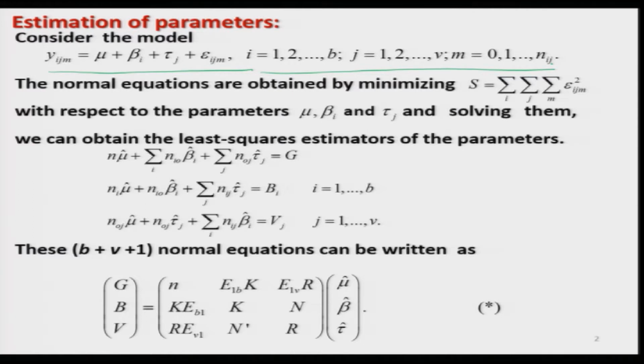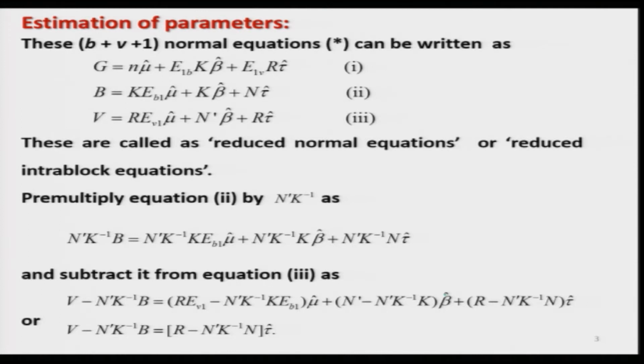Then we obtained the normal equations by minimizing the sum of squares due to the random errors, say S. We partially differentiated S with respect to mu, beta_i and tau_j, and obtained three sets of equations, altogether b + v + 1 equations, which were clubbed and expressed in the form of vectors and matrices, as in equation star. Then we obtained three different sets of equations from this star, equation numbers first, second and third.